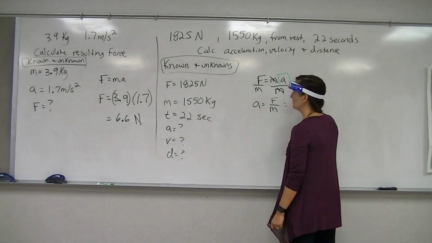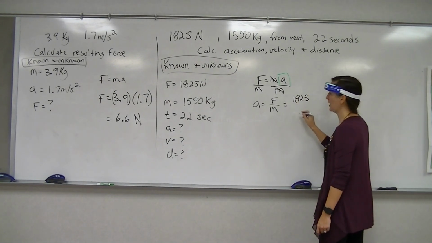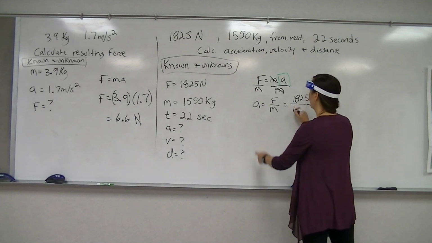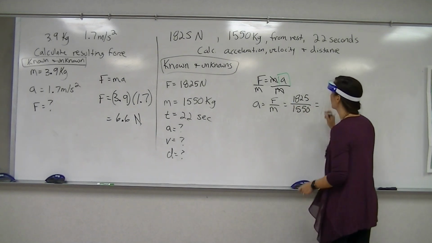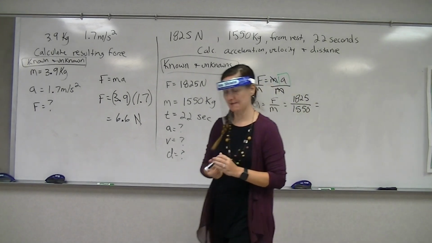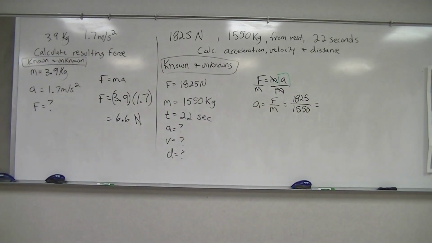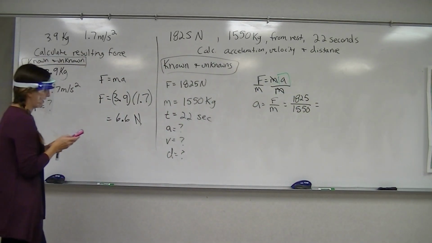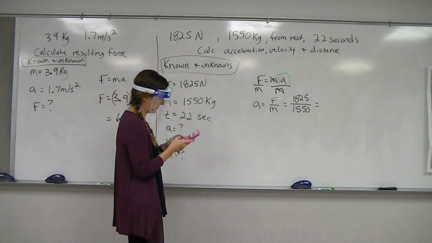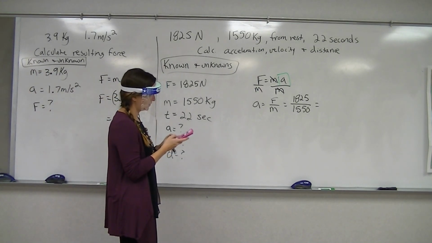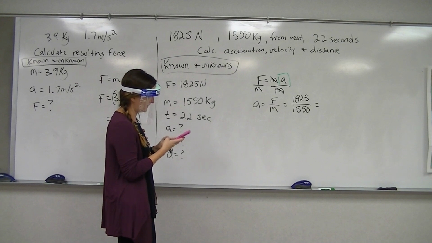So 1825 divided by mass 1550. And in this case, 3 sig figs, because the two numbers I used, one has 4 sig figs, the other has 3. I picked the smallest. So 1825 divided by 1550.